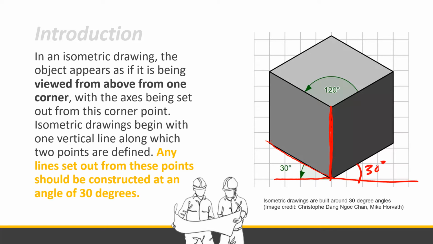This is 30 degrees. Also these lines. All the lines are 30 degrees. This also, 30 degrees, and this one. They are all 30 degrees. So that is isometric drawing.